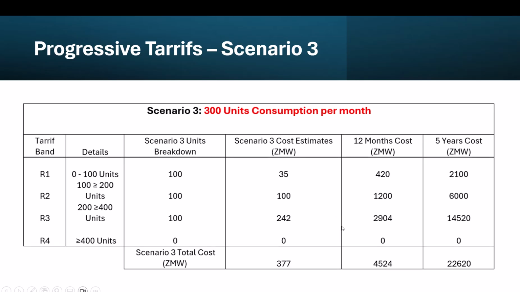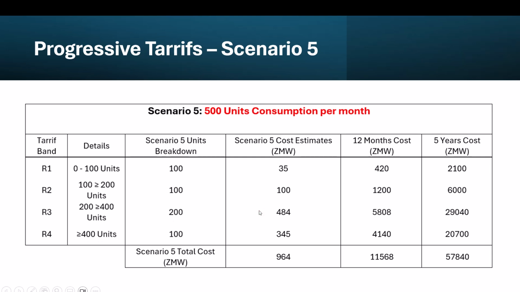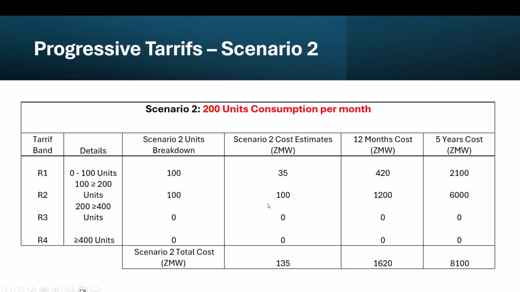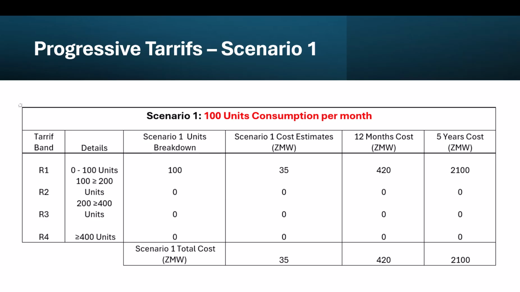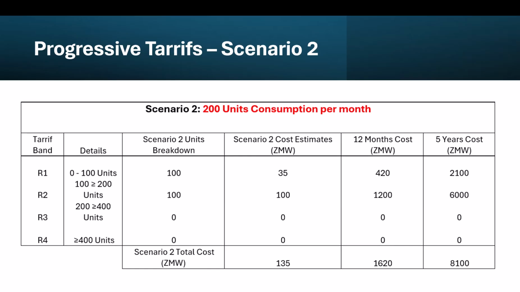We go to 300 units, you have 22,620 Zambian kwacha. From my own experience, that is optimal for you to invest in a solar system that will help you reduce your consumption. The idea is to have a consumption of at least 200 units, or 100 units is good enough, so you can take off some of the loads.